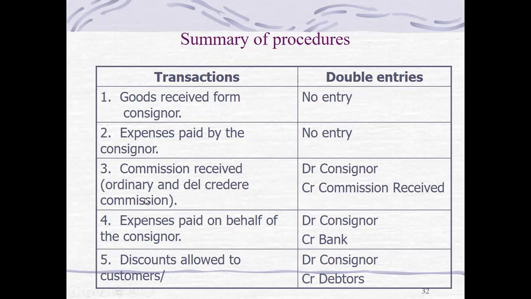Second would be expenses paid by the consignor. No entry on our end, because these are recorded in the books of the consignor and were paid by the consignor. Number three, in case of commission that is received out of the sales, whether ordinary or del credere or on account, that would be a deduction to the consignor's account. So a debit, because that is a deduction to the liability, and we will credit commission income.